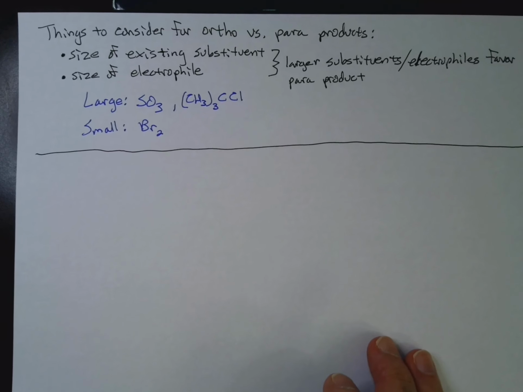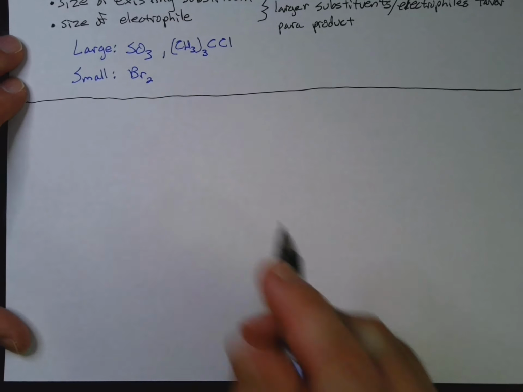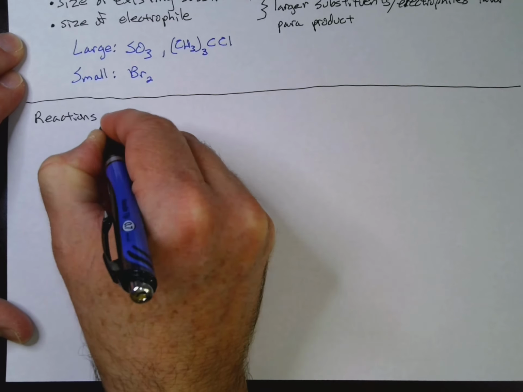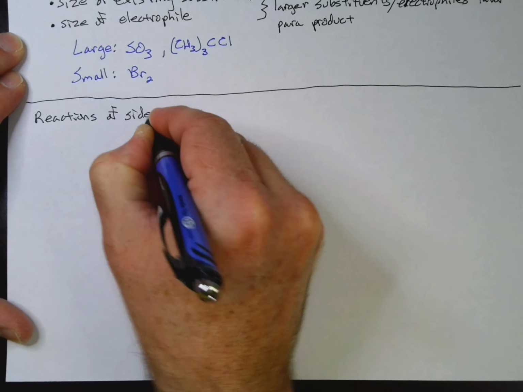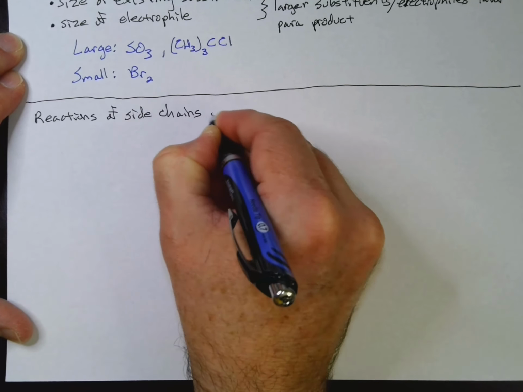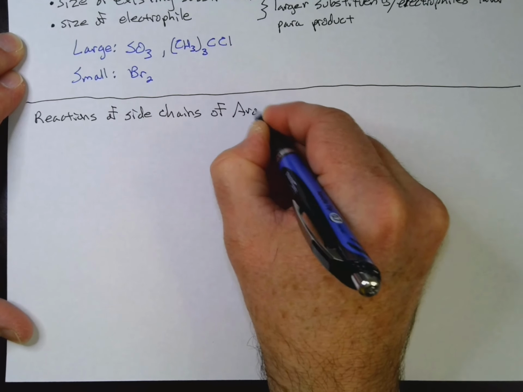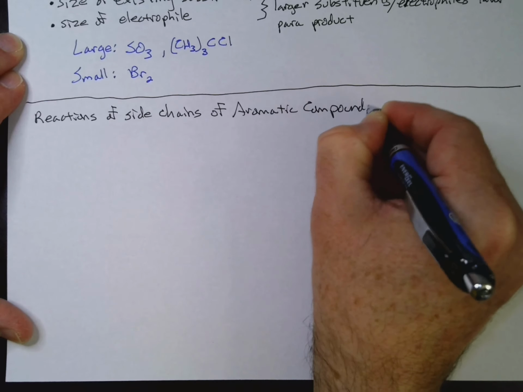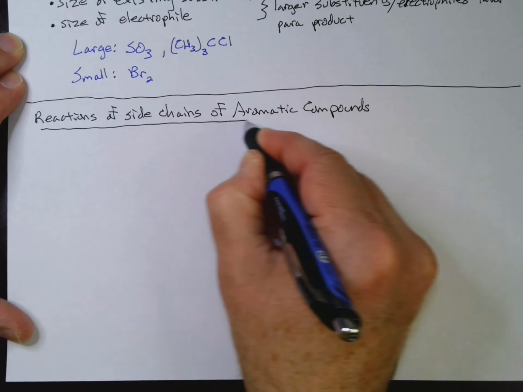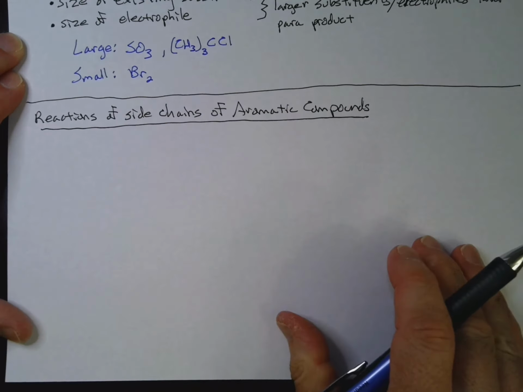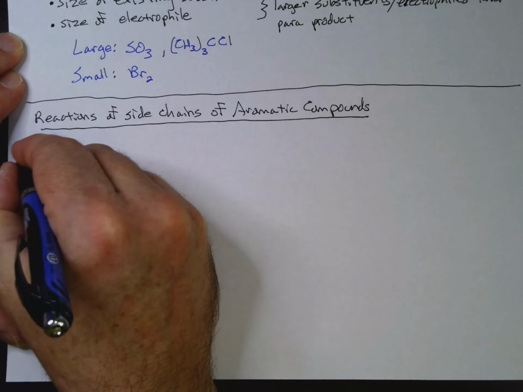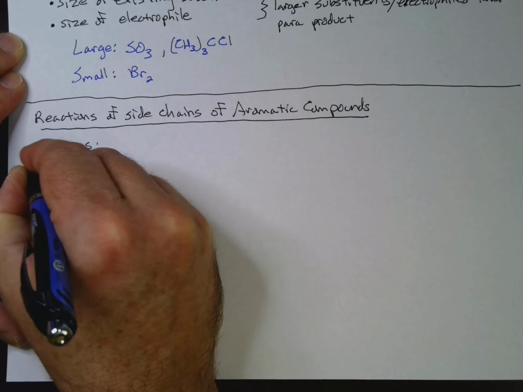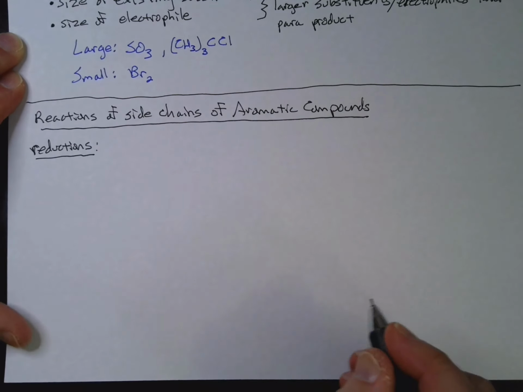I do want to mention some other reactions, and that's specifically reactions of side chains of aromatic compounds. Now, we've already seen one such reaction, and it is a type of reduction.